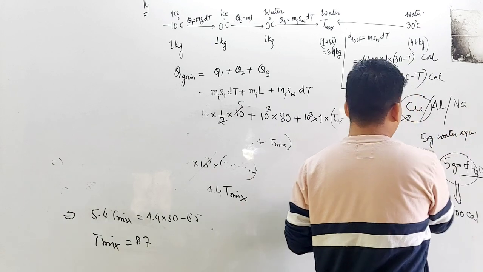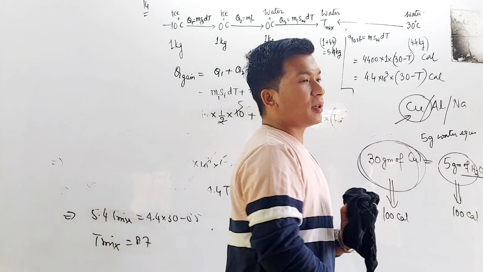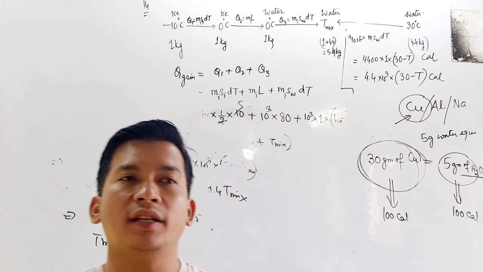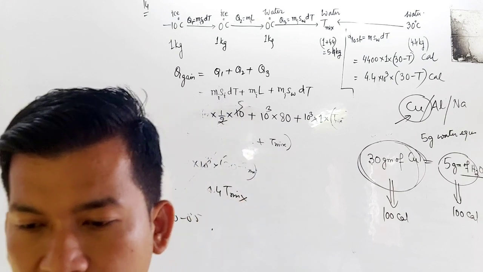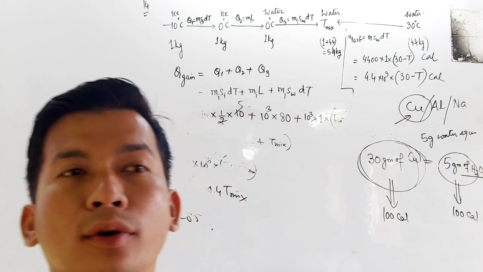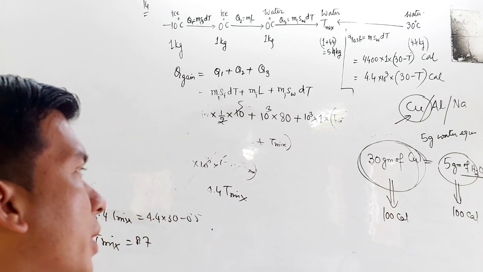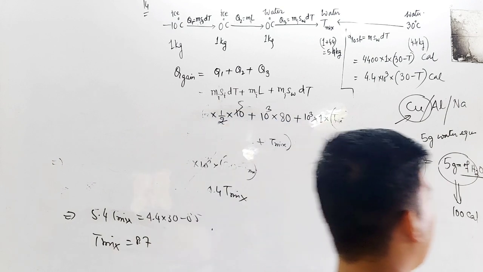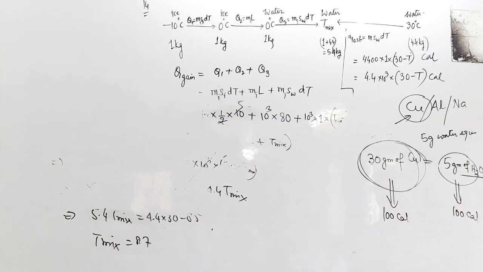Understand, bro? When I say 30 gram, why shouldn't we calculate heat with respect to the 30 grams? Because we do not know the specific heat of copper. We will calculate our heat for this 30 gram of copper with respect to 5 gram of water equivalent.